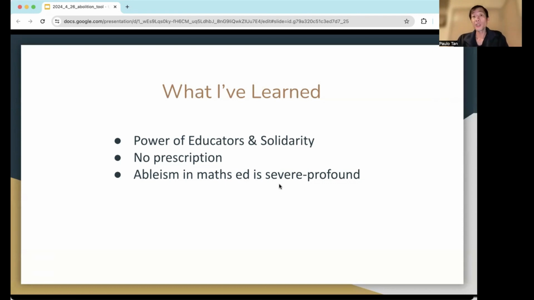So just to close this presentation, I just want to highlight again that this is one way of many to think about abolitionist practices, and also to highlight the power of educators. And this is in the context of prospective teachers.